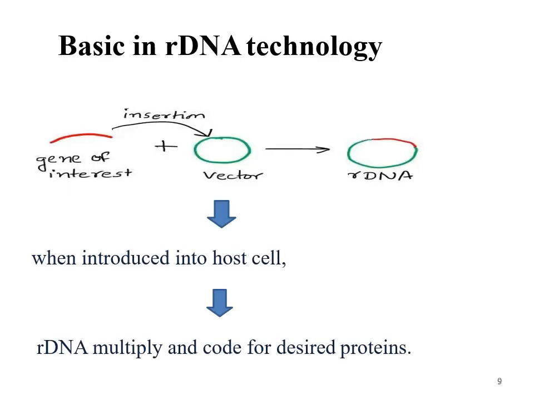So, what is recombinant DNA technology? In general, when we talk about recombinant DNA, it means DNA having a foreign DNA in its structure, which is quite different from the natural DNA makeup.